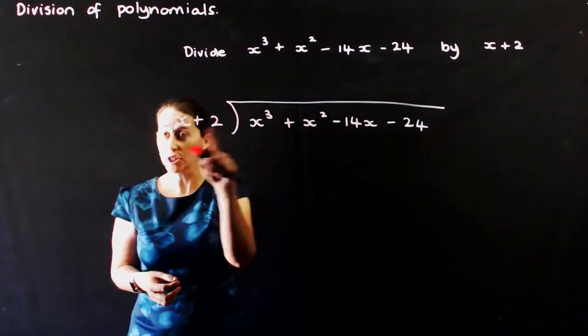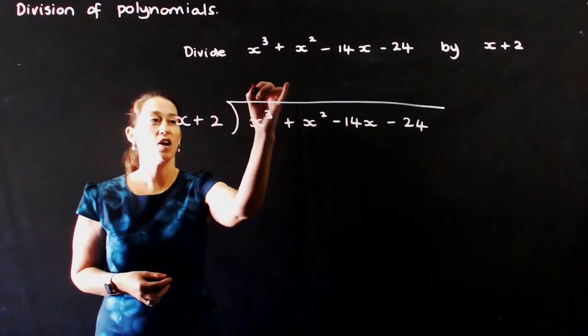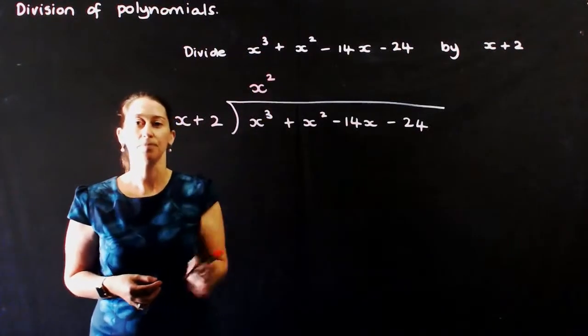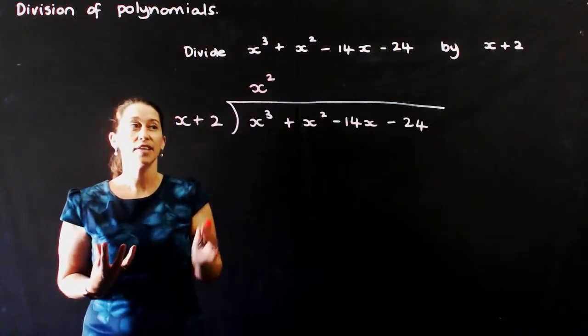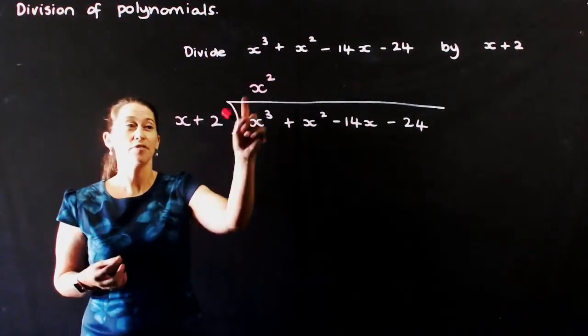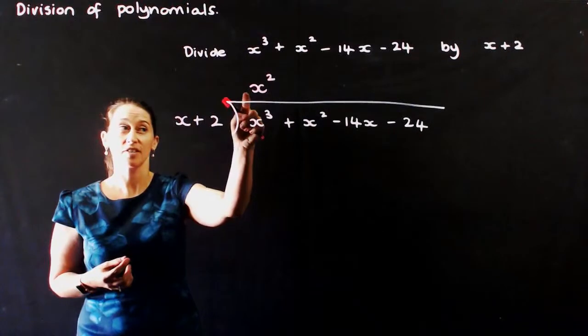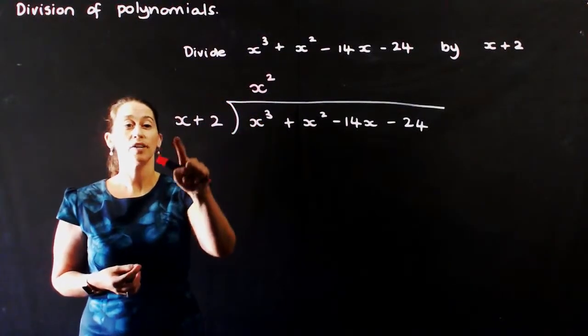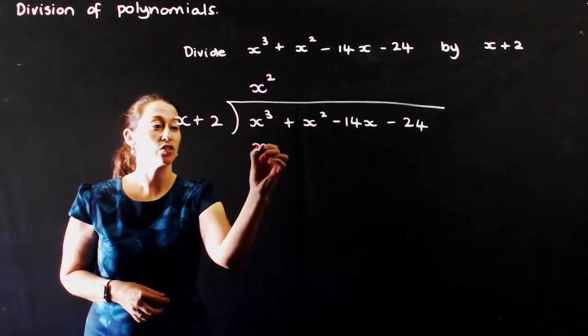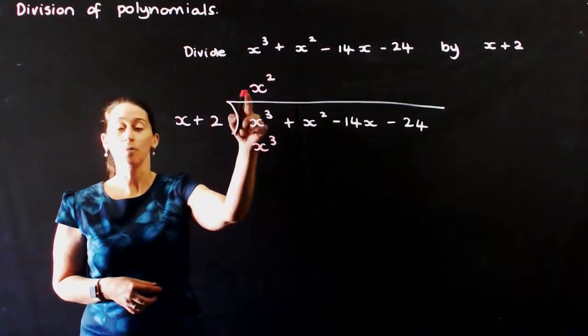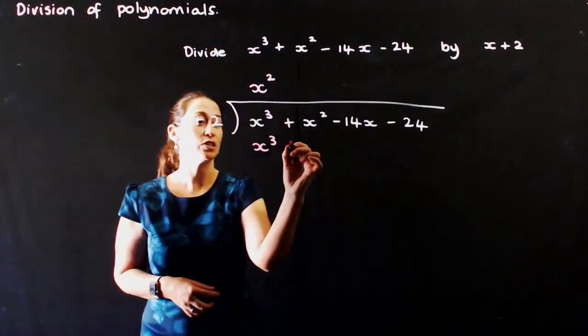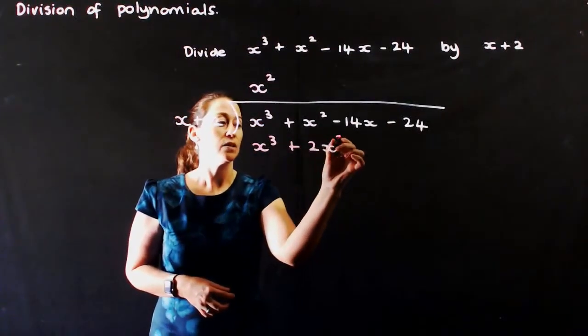Dividing x cubed by x gives us x squared. The next stage is to see what's left when we multiply our divider by this x squared. So x squared multiplied by x gives us x cubed, and 2 multiplied by the x squared gives us 2x squared.